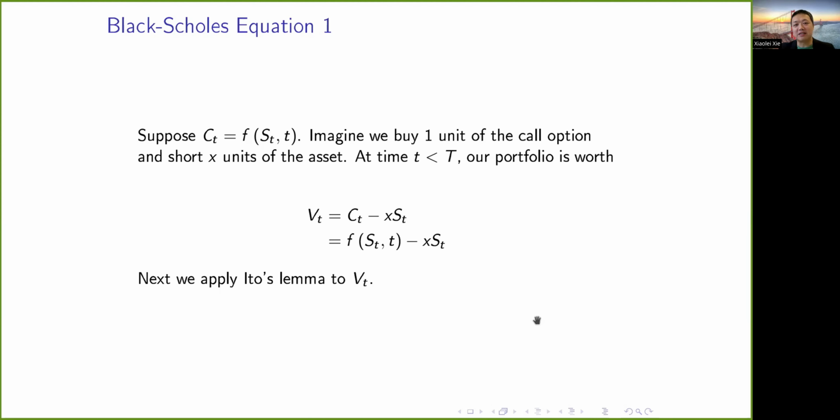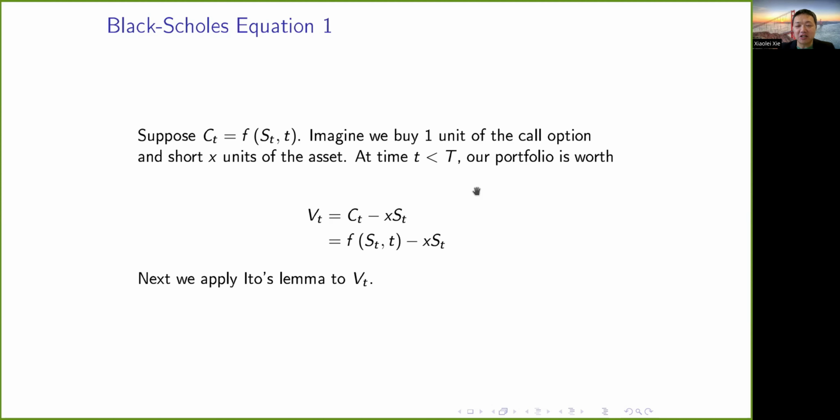So first of all, let's derive the Black-Scholes equation. Suppose the call option price is given by this function f, which depends on the asset price and time t. Then imagine that we buy 1 unit of the call option and we also short x units of the asset.